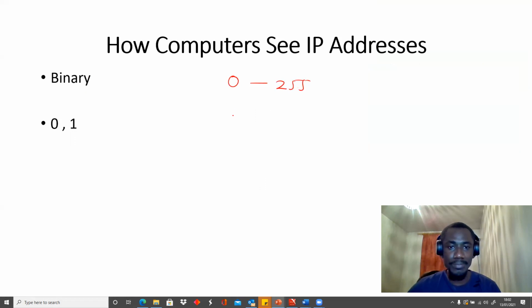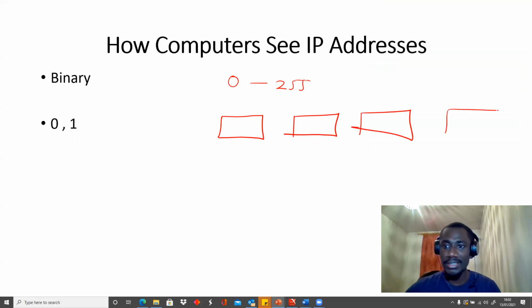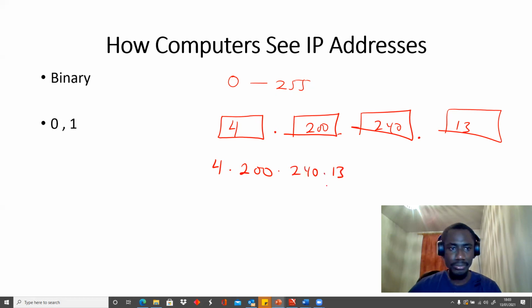If you pick a classical example of an IP address, you have four numbers: a number, another number, a third number, and a final number, each ranging from 0 to 255. So it can be 200, 240, maybe 13. If I bring it down, we have 4, 200, 240, and 13.